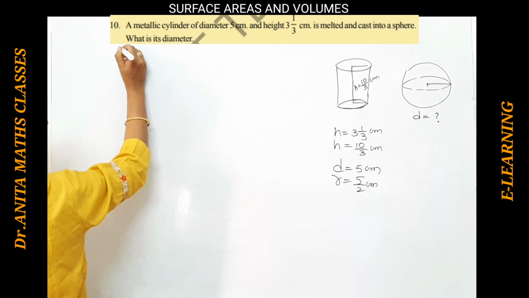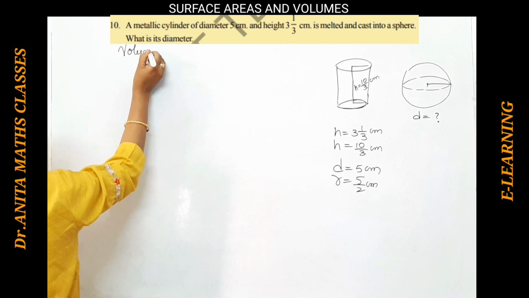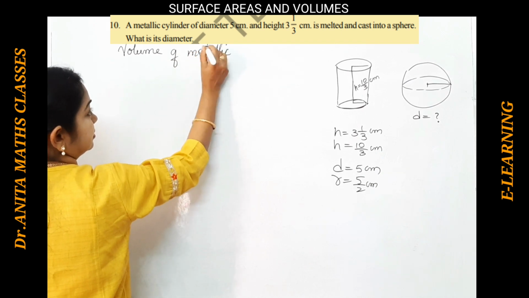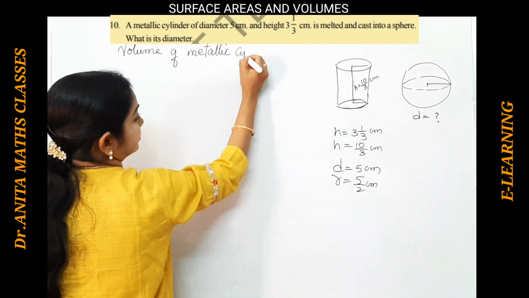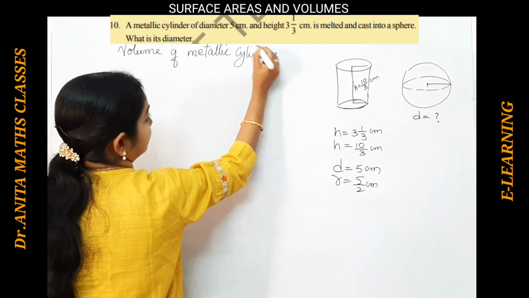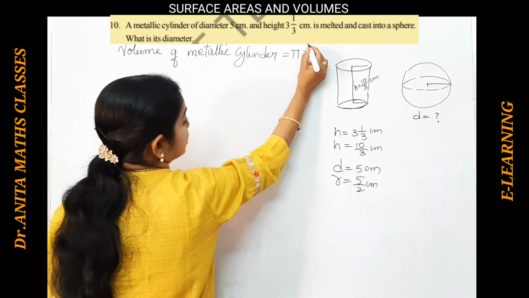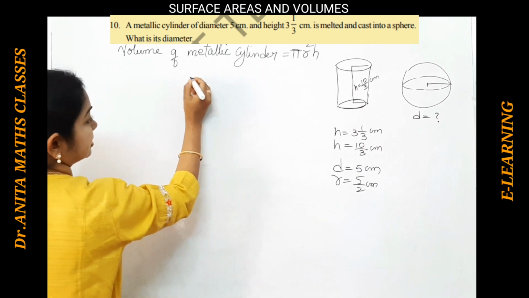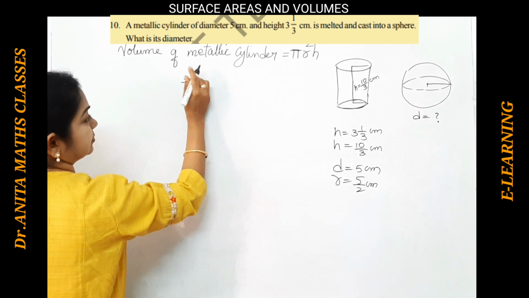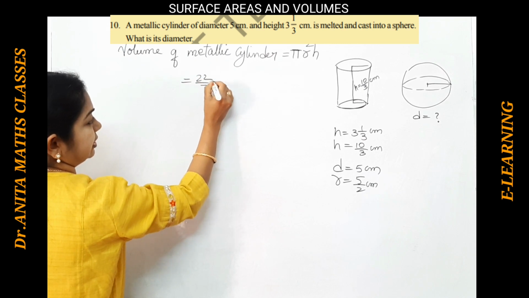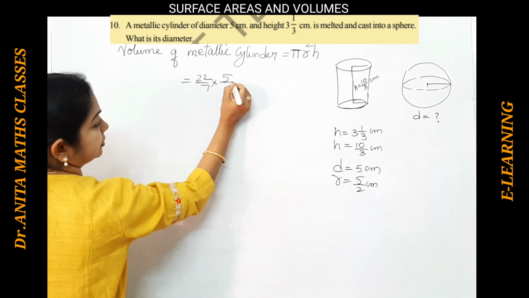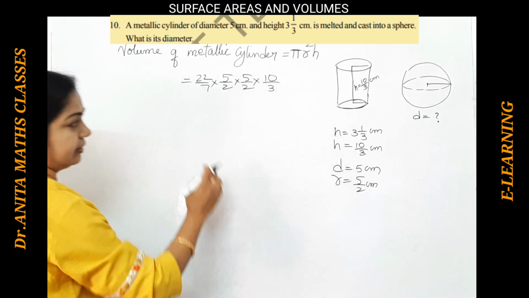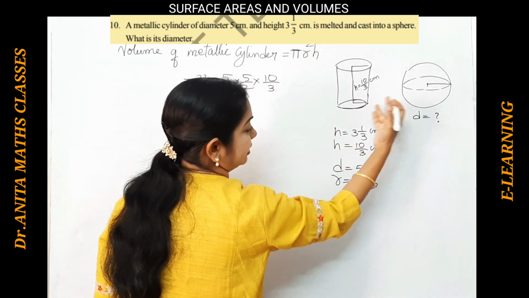Let us find here the volume of the metallic cylinder. Okay, the volume of a cylinder is pi r square h. So this is the metallic cylinder. We will substitute: 22/7 into r value 5/2 into h value 10/3, right? This volume is melted and cast into this form.